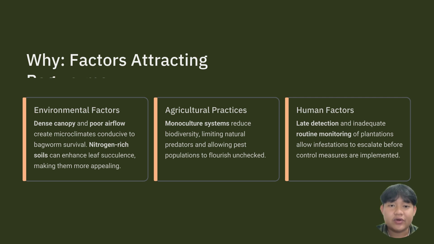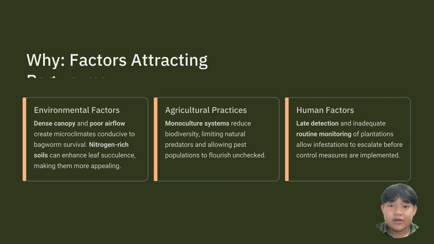Soils with high nitrogen level also produce softer, more succulent leaves, something bagworms prefer to feed on. Second, agricultural practices like monoculture, the planting of only oil palm, reduce biodiversity and natural enemies. Without predators to keep the population checked, bagworms multiply freely.